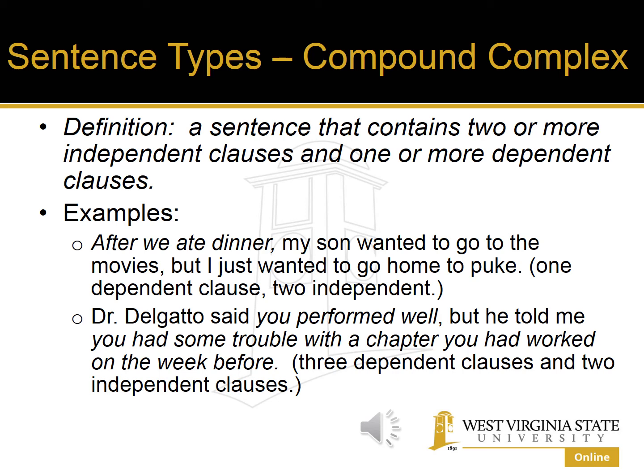Then we have a comma followed by a coordinating conjunction, but, and then another independent clause. I just wanted to go home to puke. So we have one dependent clause, two independent clauses. That creates a compound complex sentence.